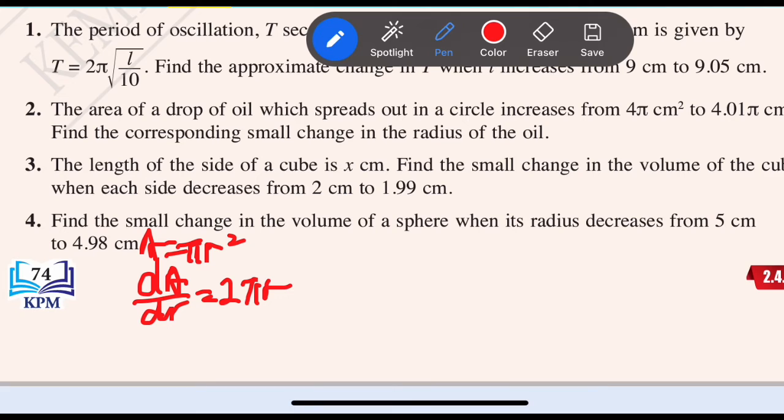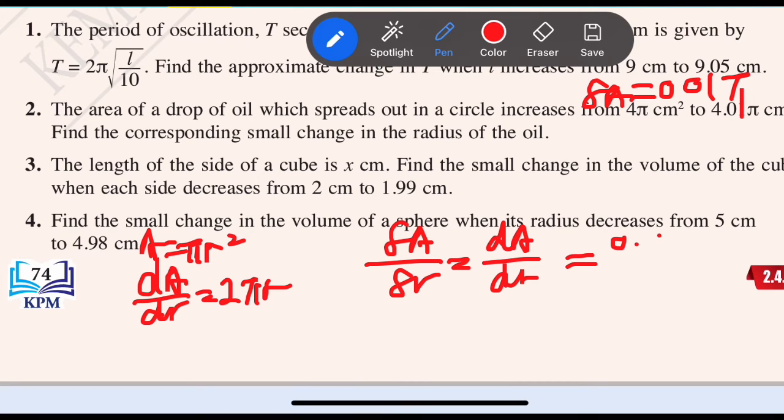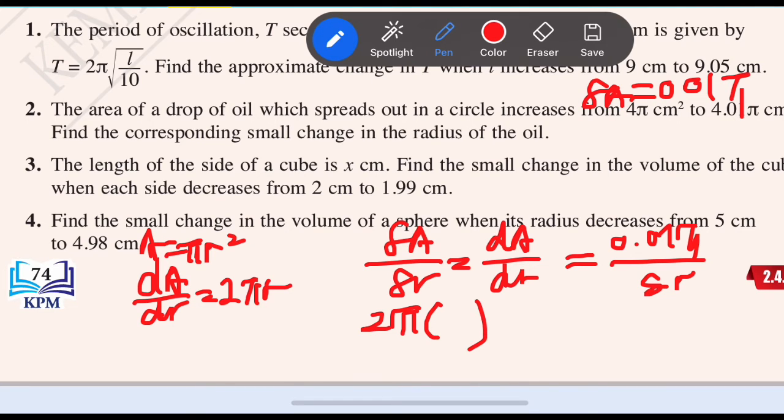So we have completed question 1 and 2. For question number 2, we will actually do it systematically like this. Delta A over delta R is equal to dA/dr, and delta A was given 0.01 pi, so you just put it over the delta R, and then you just cross multiply, because delta R can be found by using 0.01 pi over dA/dr, right?